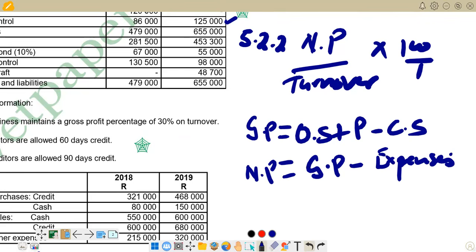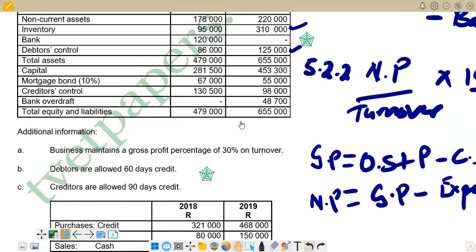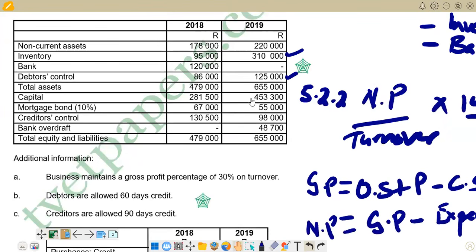For opening stock, we go to the question to see what we have. We have inventory here. Remember, we have 2018 figures and 2019 figures. So opening stock is in the column of 2018, that is 95,000. Then we add our purchases. And then we subtract the closing inventory, which is 310,000.